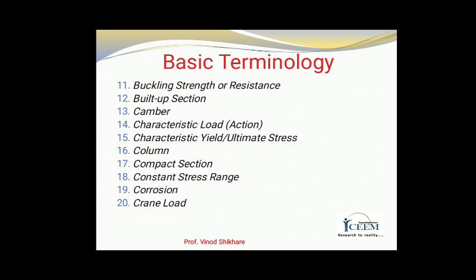Next term is corrosion. An electrochemical process over the surface of steel leading to oxidation of the metal. It causes mainly rusting of steel and it reduces the strength of steel.